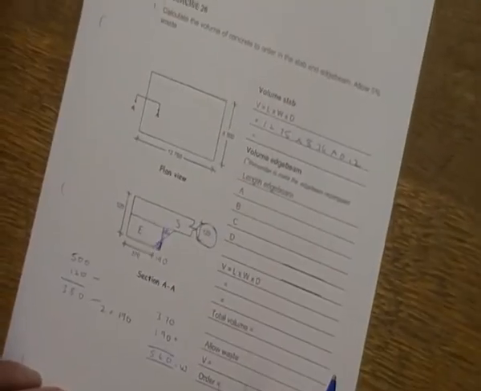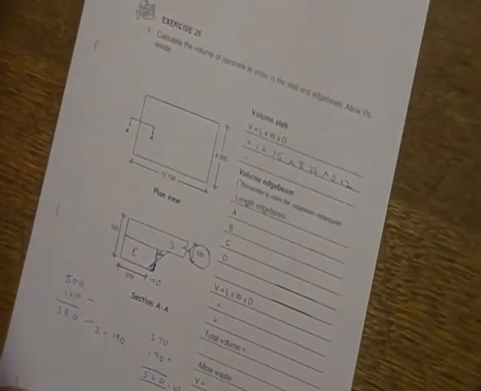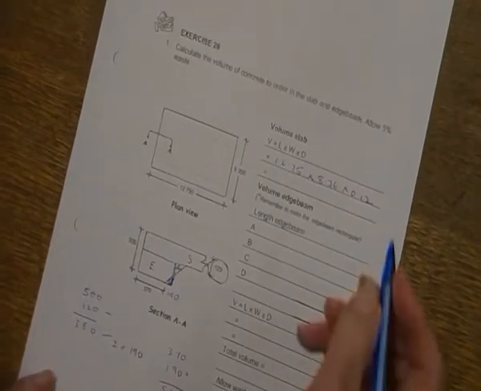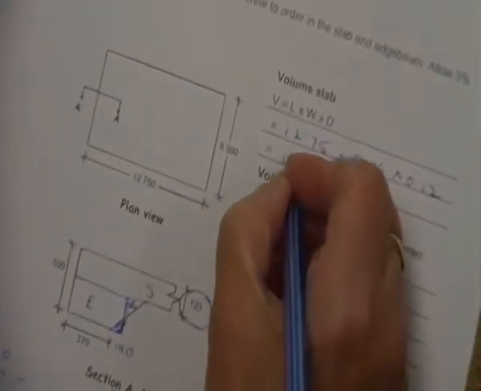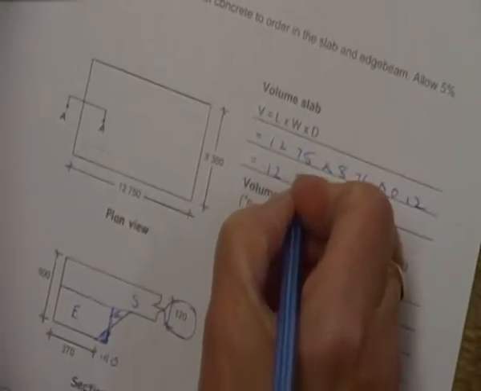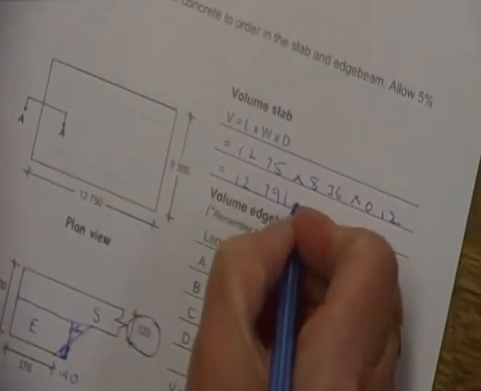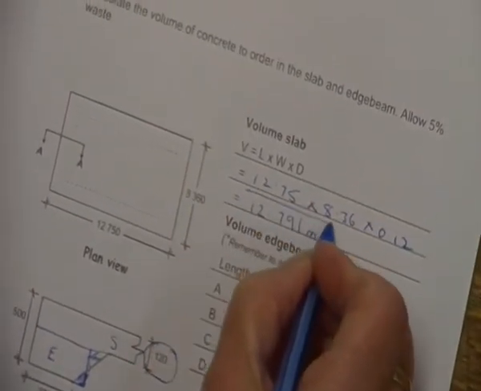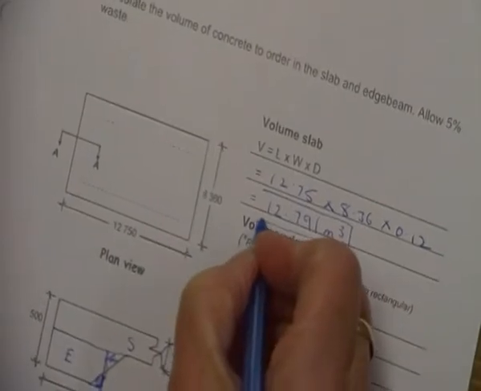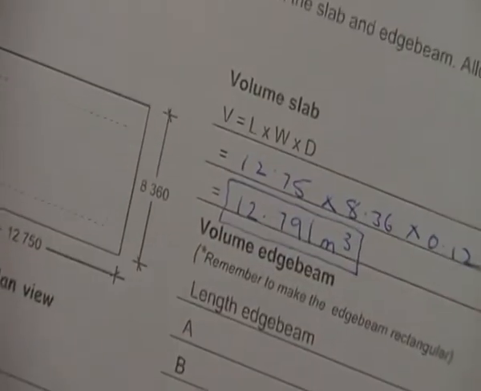Now, can you do the counts on that and put it in the chat box for me, please? And we get an answer of 12.791 meters cubed. I need that answer, so I'm going to put a box around it. You could highlight it if you like.